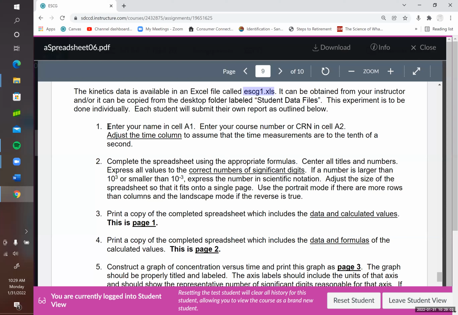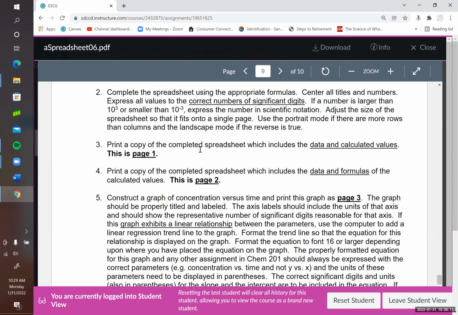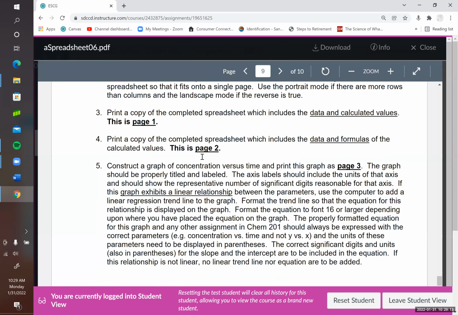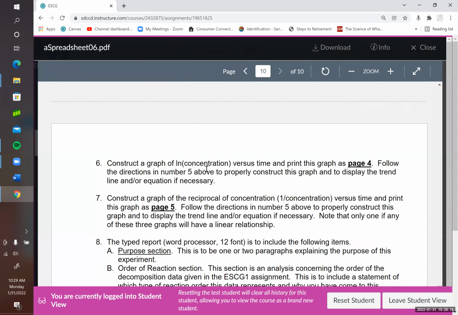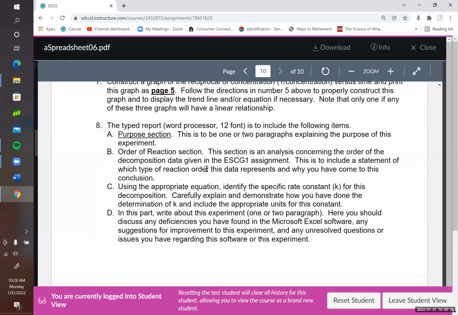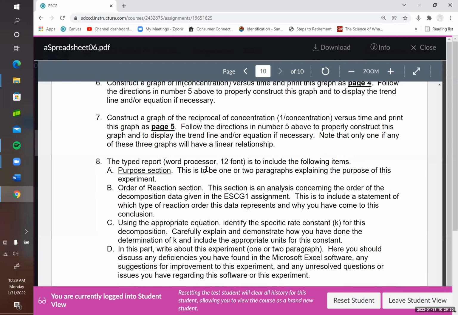So for your report, you're going to open up this Excel file. You're going to enter your name in A1, and you're going to do all of these things and hand it in 2 weeks from now, on February 13th, when it's due.